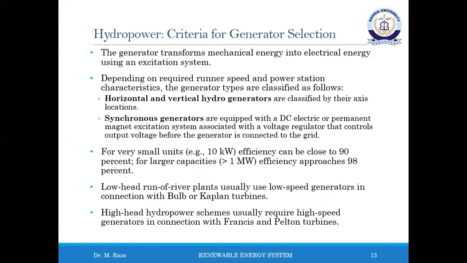On the other hand, asynchronous generators are unable to regulate voltage output and run at a speed related to system frequency. If isolated from the grid, they cannot produce power because their excitation current comes from the grid.